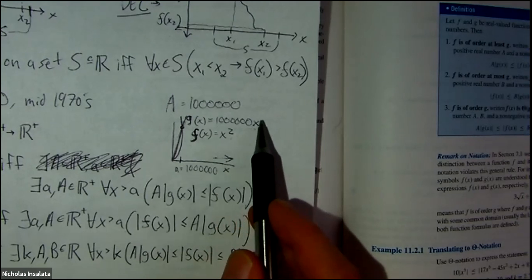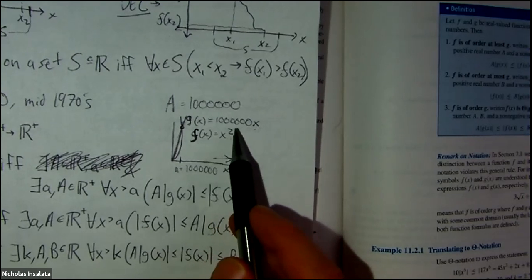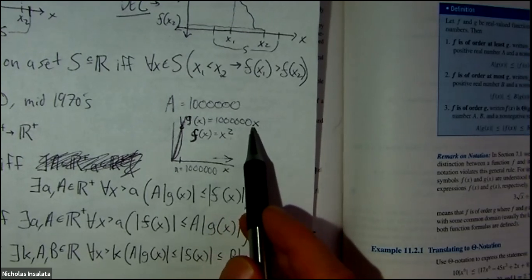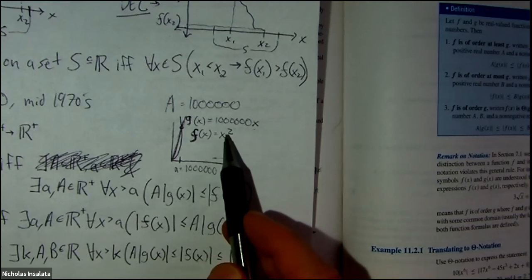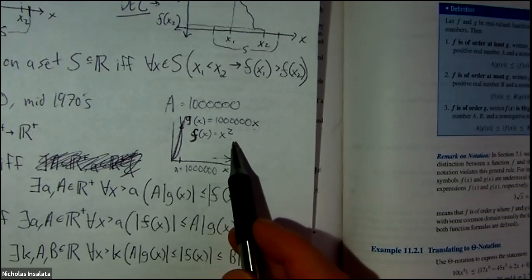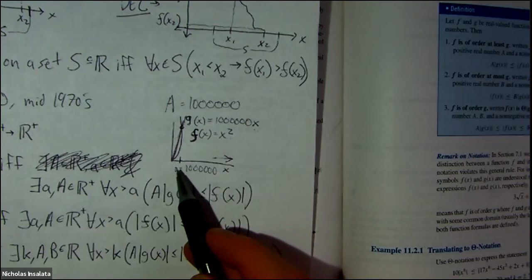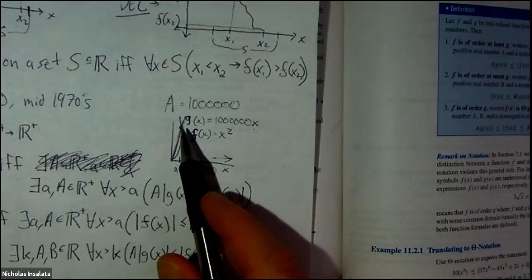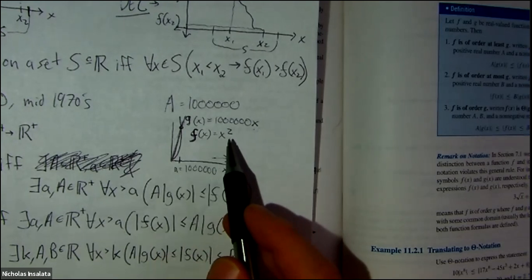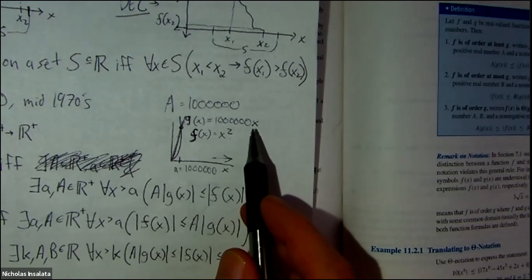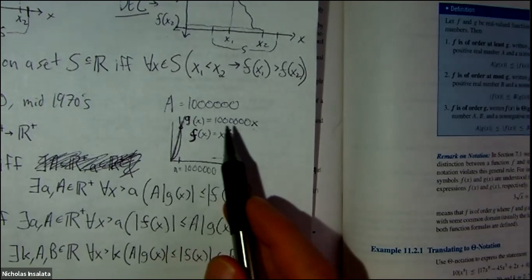Linear being x to the first power, right? So I could choose 1,000,000, I could choose a billion, a trillion, doesn't matter. If I only have a linear function here and I'm comparing it to x squared, eventually at some little a, they're going to cross, because x squared gets bigger faster than the g function does, no matter what coefficient we put in front.